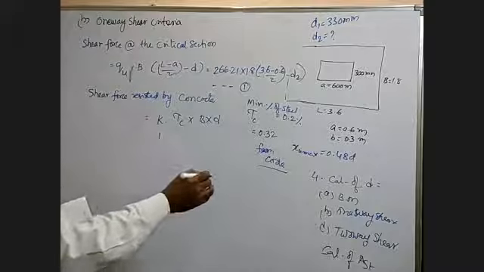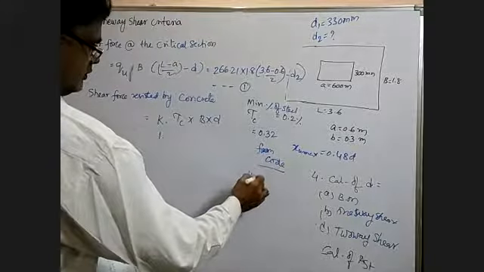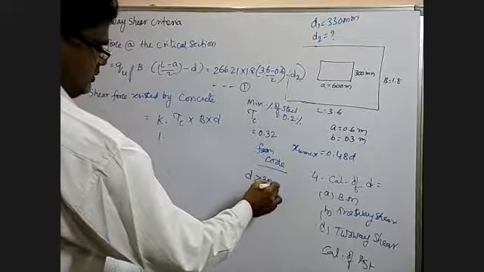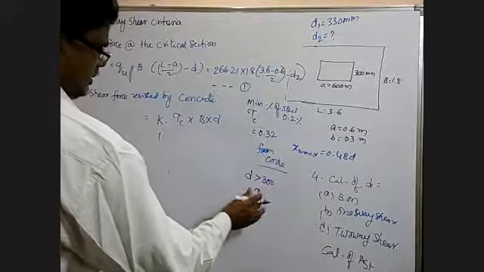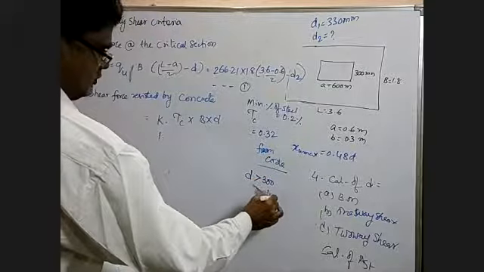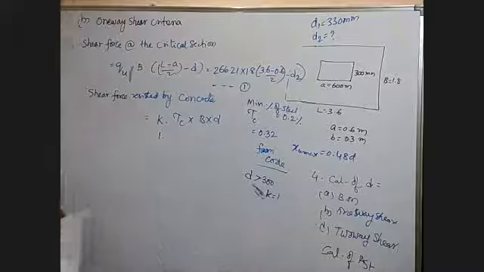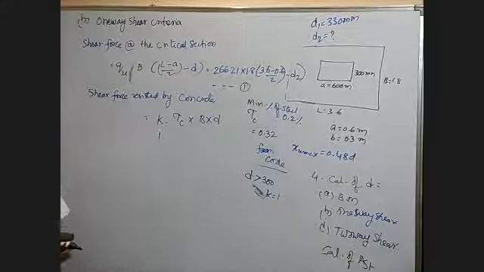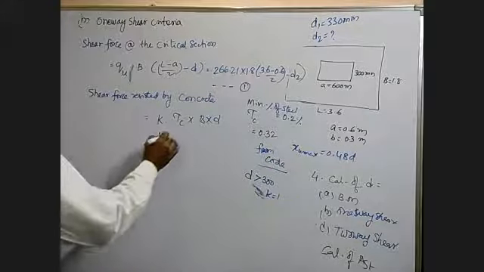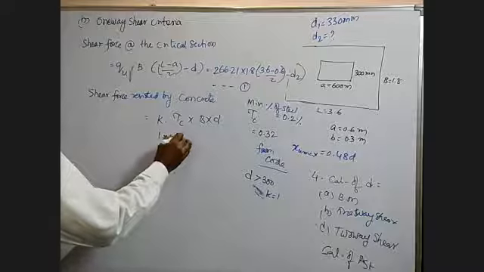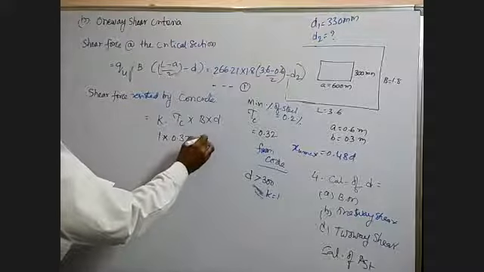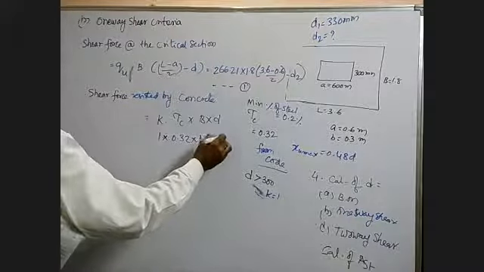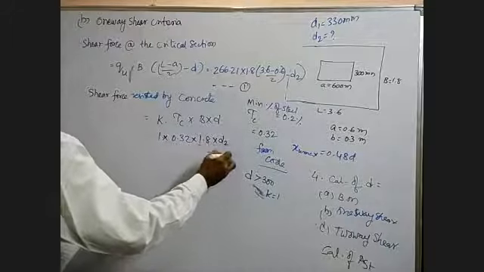So if d is greater than 300, k is always 1. If it is less than that, there is a change in the value here, 1.25. Now here, tau C is equal to 0.32 into B, is 1.8 into B. This is 2.